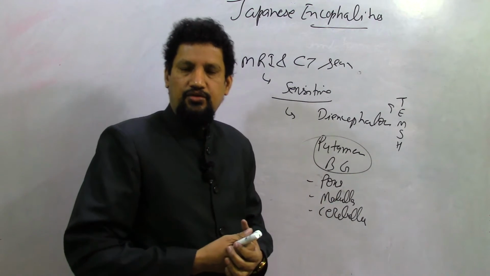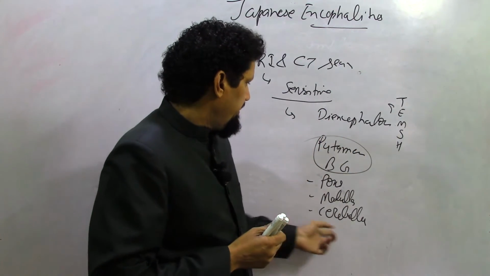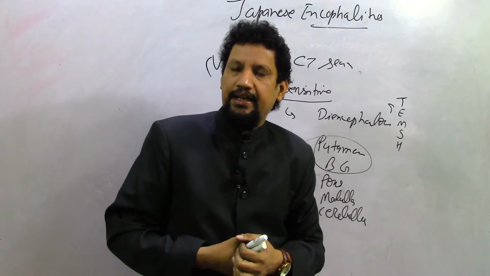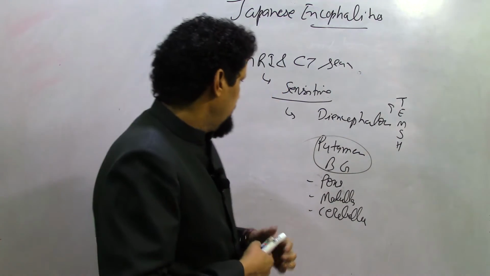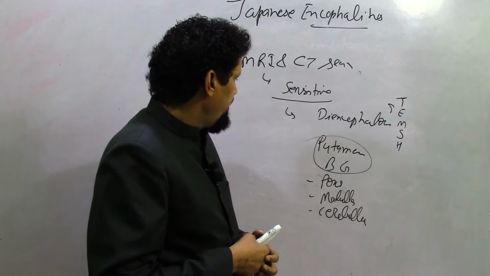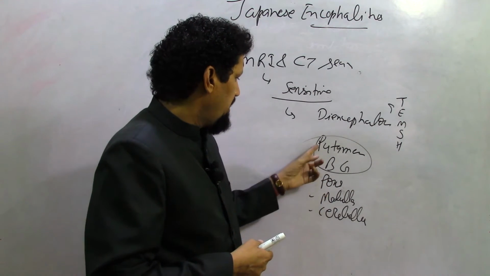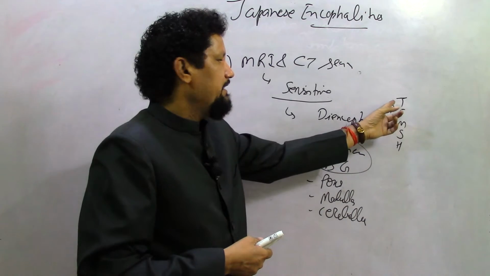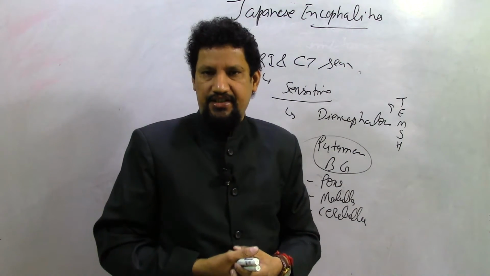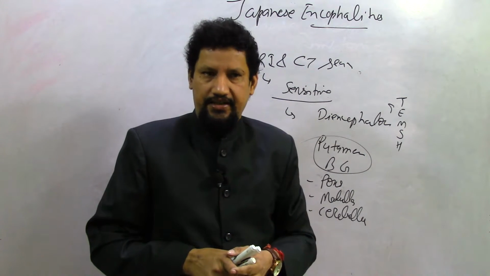There may be also some hemorrhagic parts in all these areas of the brain, and hyperintensity is seen in T2 weighted MRI, especially in pons, putamen, basal ganglia, and thalamus. So MRI is a very sensitive investigation for the Japanese encephalitis infected person.